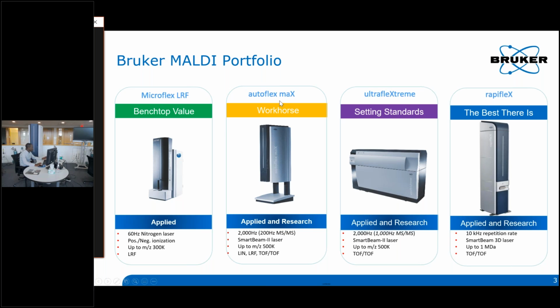Next up in line, we have the Autoflex Max. So this is our all-around workhorse, basically equipped with and able to do any MALDI analysis that there is, including imaging, including MS/MS experiments, which usually you need for structural elucidation or to be confident that the end groups that you've attached on certain series are what they are. And then next up to that, we have the Ultraflex Xtreme and the Rapiflex.